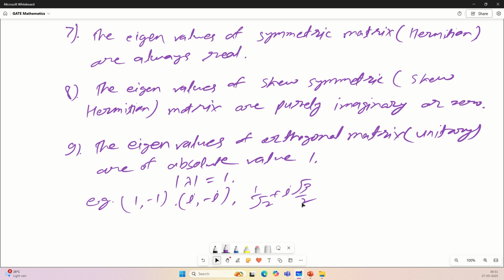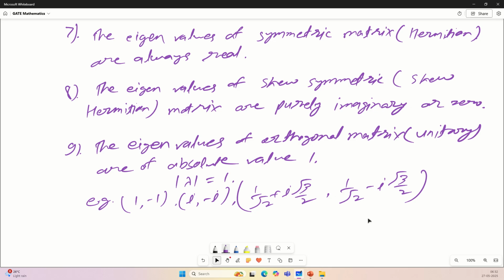Why? Because the magnitude of this one will always be 1. You find out the square root of a square plus b square, it will become 1. And if it is complex like this, the other value can easily be written as 1 by root 2 minus i root 3 by 2. So complex eigenvalues always occur in conjugate pairs. Alright.